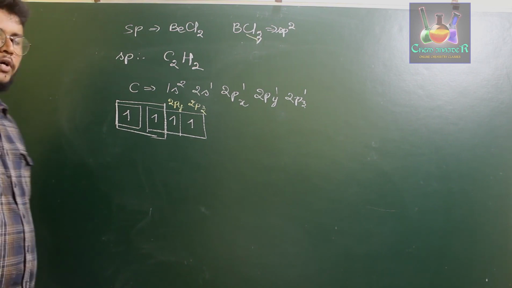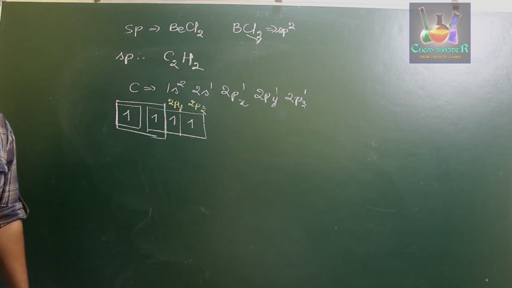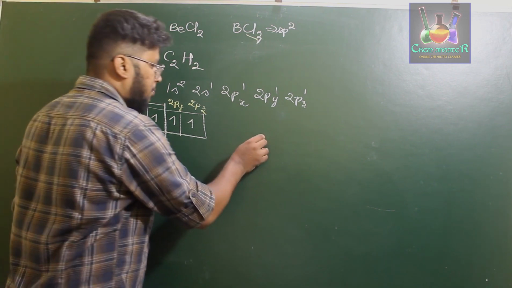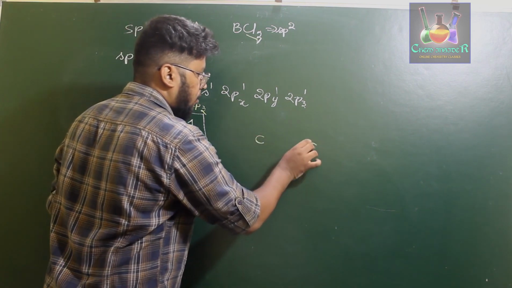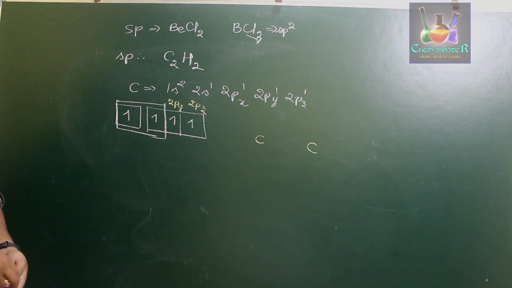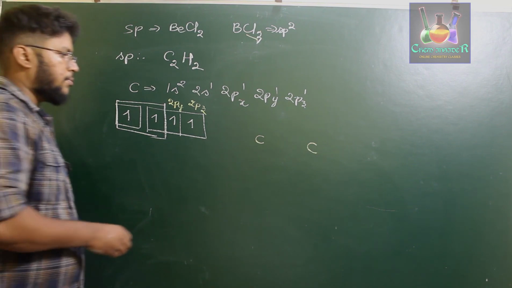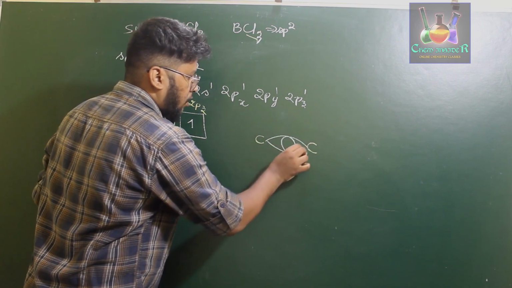So sp hybridization forms a linear geometry, as we have known in the case of beryllium chloride. Now the carbon present on both sides, the carbon of C2H2, is attached with 2 hydrogens in the linear formation.